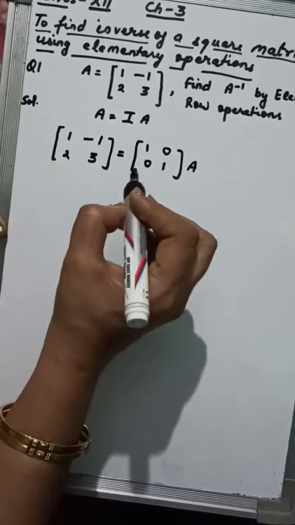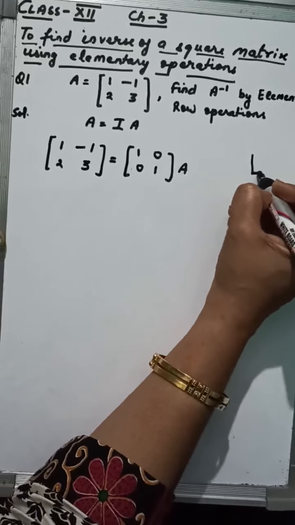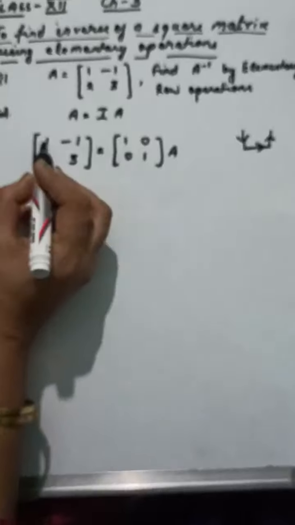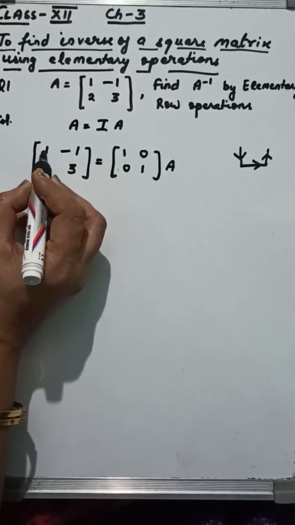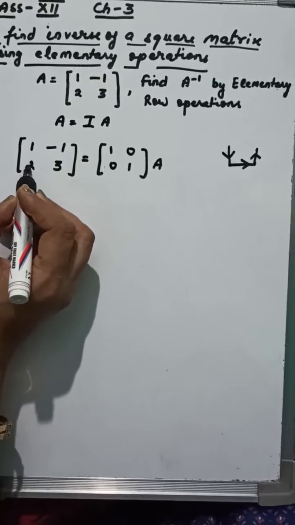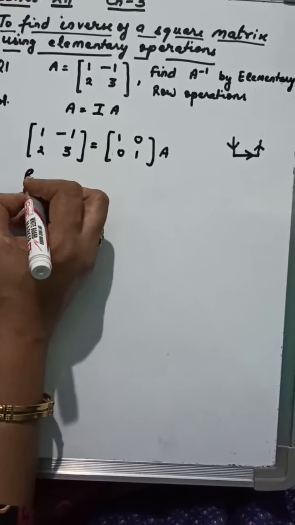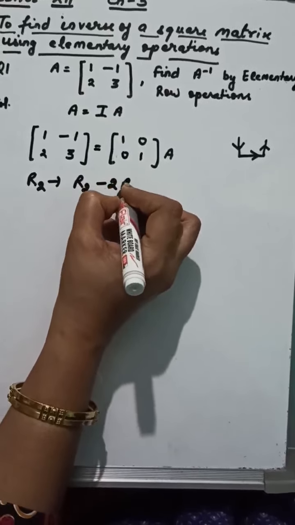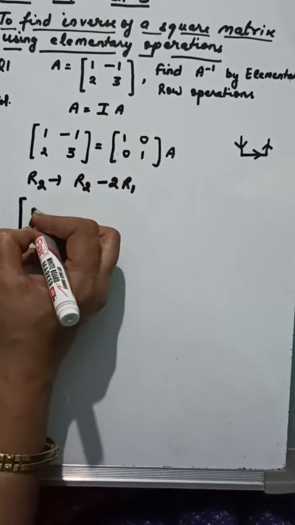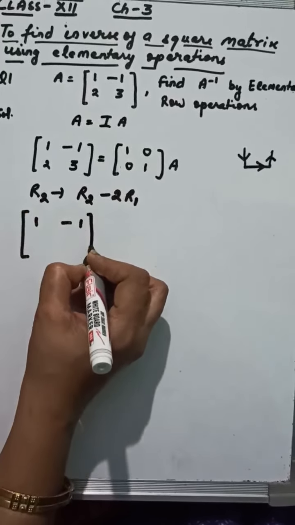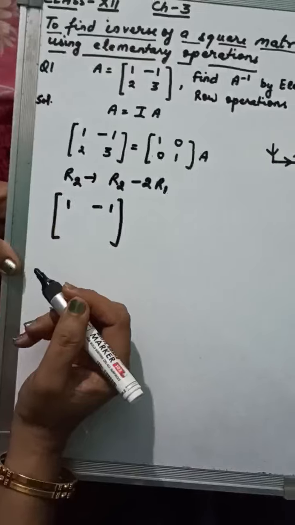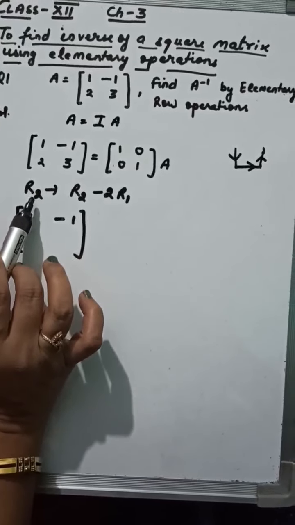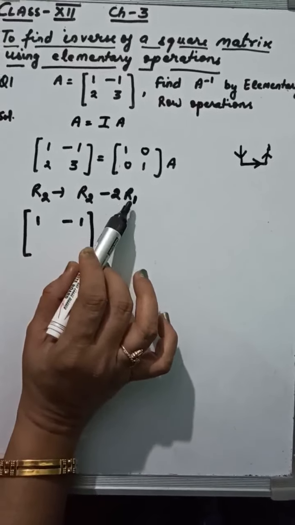So our track is this, means we first make this element 1, it is already 1. Now we make this element 0. For this we apply in R2, R2 minus 2R1.